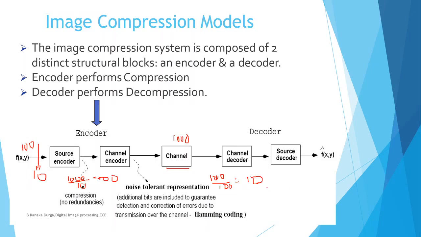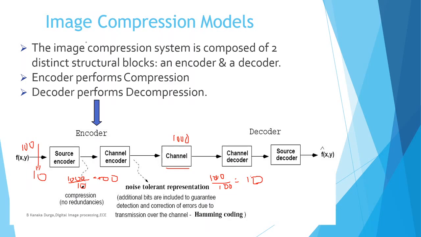Before it was only 10 users, now it goes to 100 users. So in order to increase the number of users, we go for compression in the encoding session. The decoder does the reverse process of the encoder, which is called the decoding session.